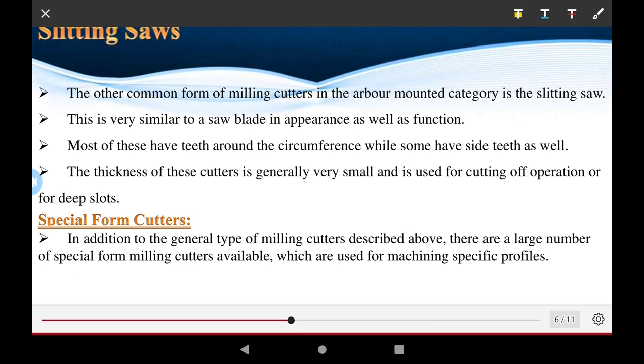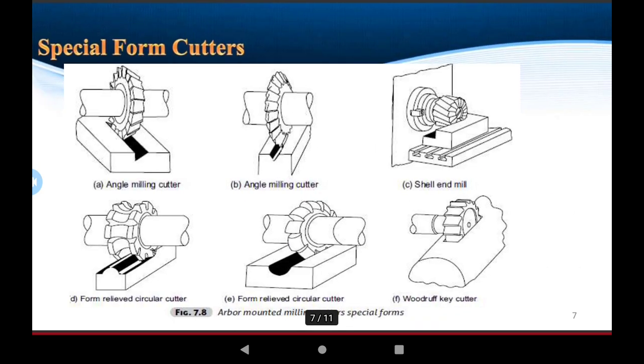The cutters which are used for milling specific profiles, and a special form of cutters used for the manufacturing operation. This is the angle milling cutter.